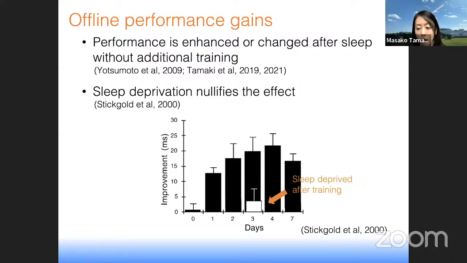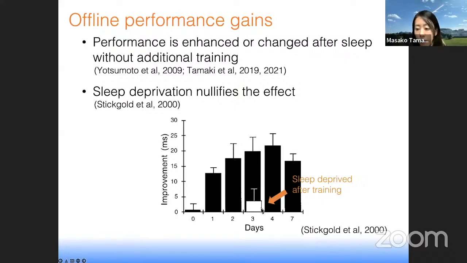called offline gains. And when people are deprived of sleep after training, it is also known that these offline gains are gone completely. This figure shows an important finding by Stickgold et al. The black bars show performance change over multiple days after training on day 0.